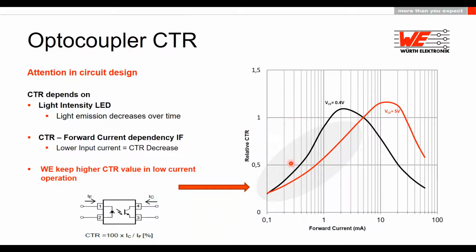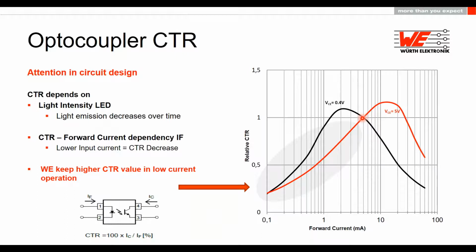As I told you, we specify the CTR value with a forward current of 5 milliamps. This is why our relative CTR is 1 here at 5 milliamps. We apply a voltage of 5 volts on the output side, put a forward current of 5 milliamps, and receive the relative CTR value.